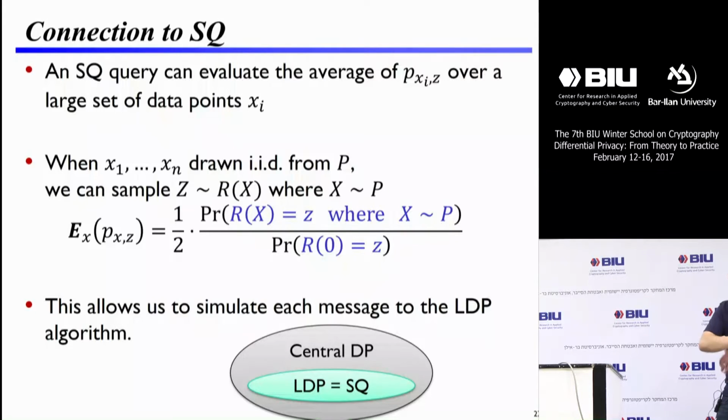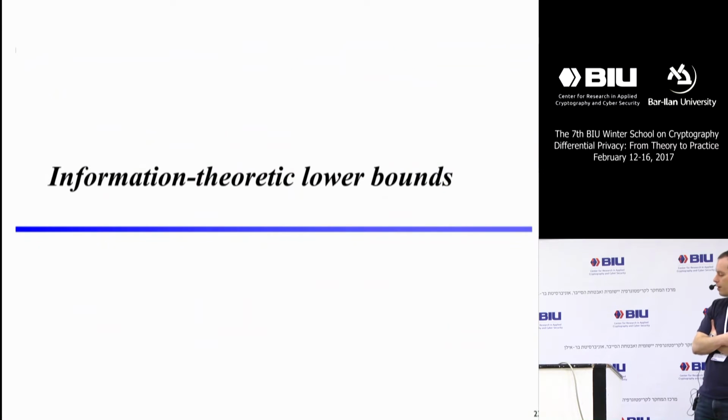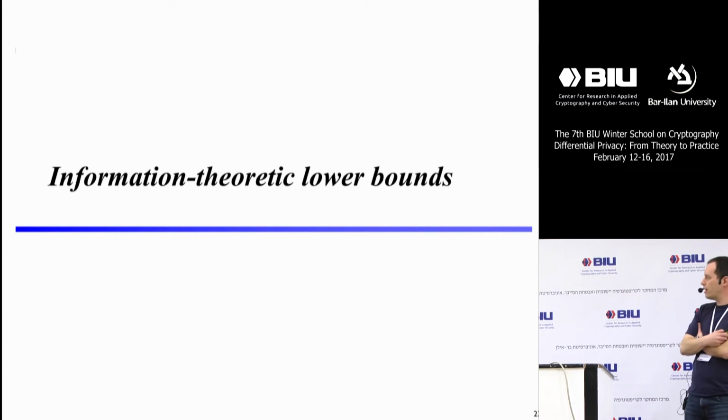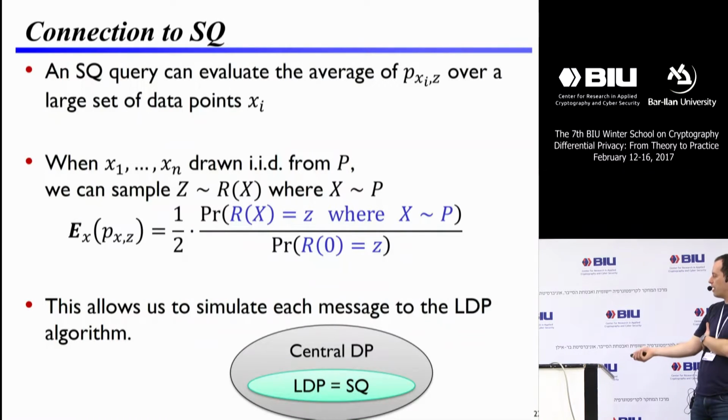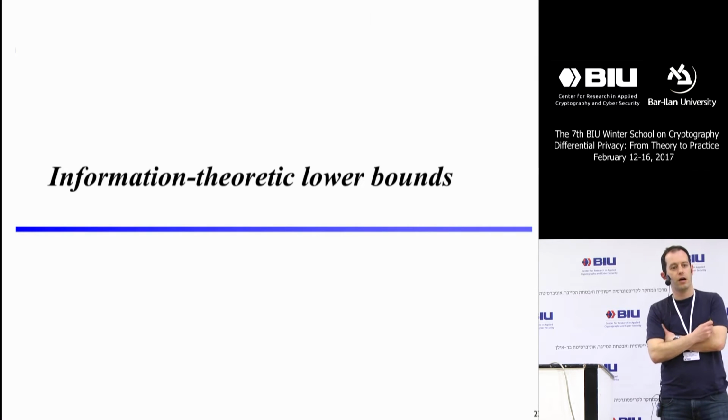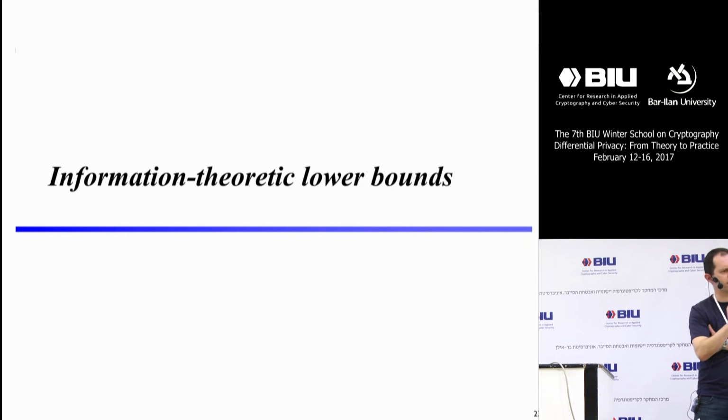So I'll wrap up with another tool for understanding the limitations of these locally differentially private protocols. Whereas this connection to SQ gave us a broad-strokes characterization of what is doable, this more information theoretic approach will allow us to prove finer grained lower bounds on accuracy.